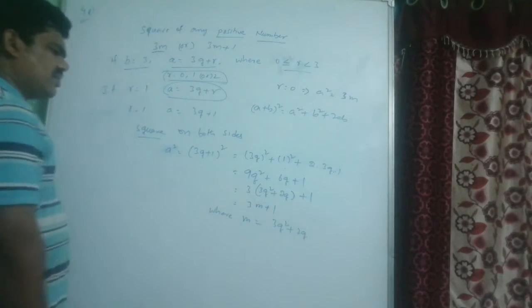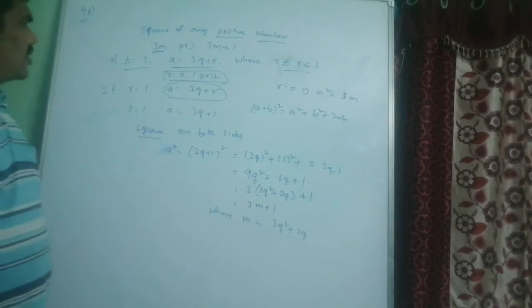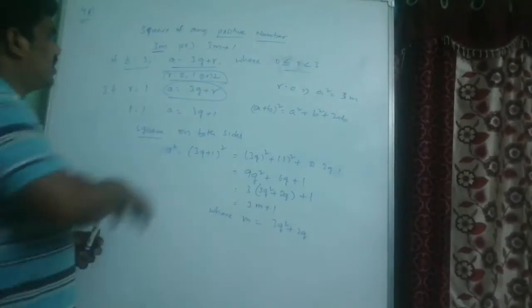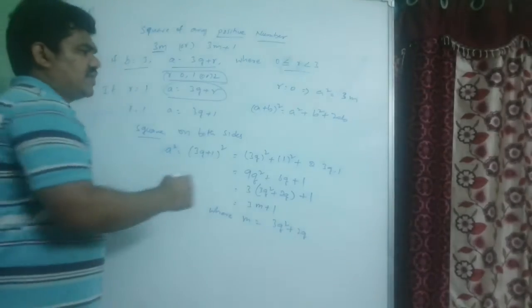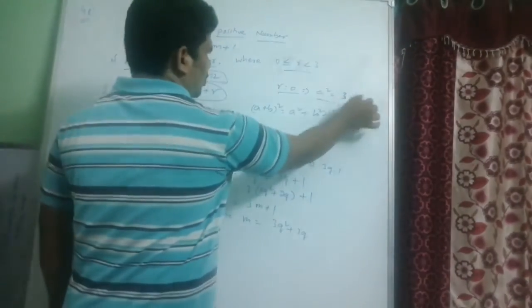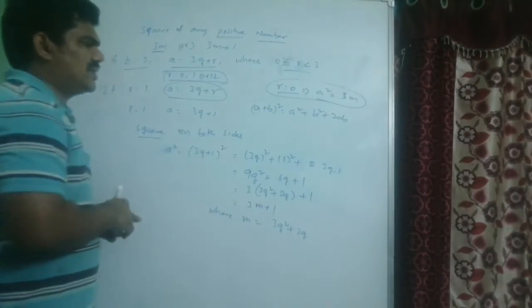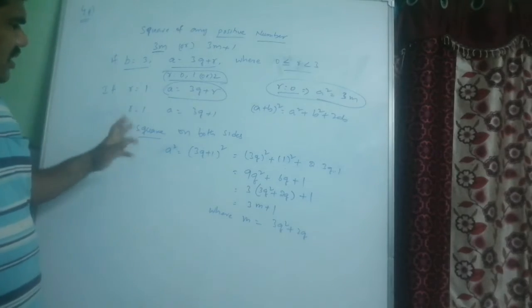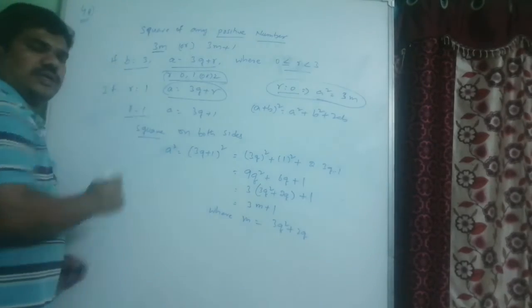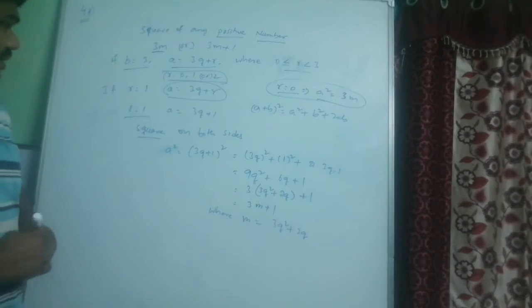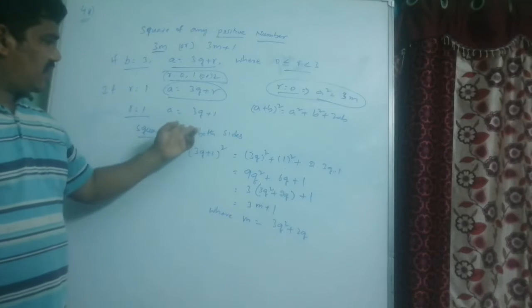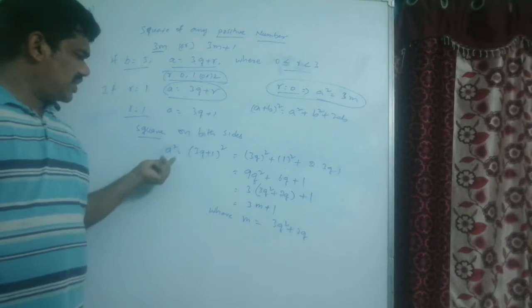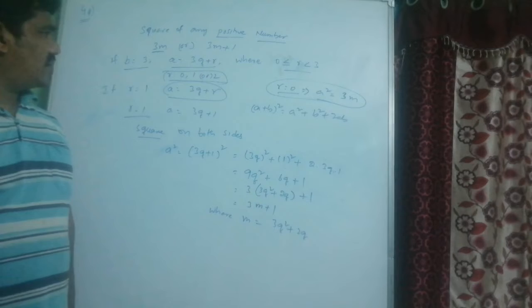So here also, the question asked for 3m or 3m plus 1. First we took r is 0 and proved a square is 3m. Here r is 1. If we take r is 1 in the equation a equal to 3q plus 1, on both sides a square equal to 3q plus 1 whole square.